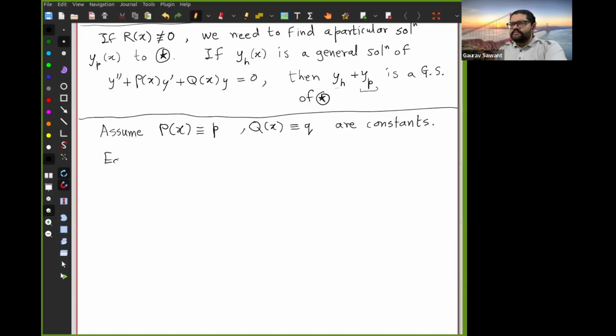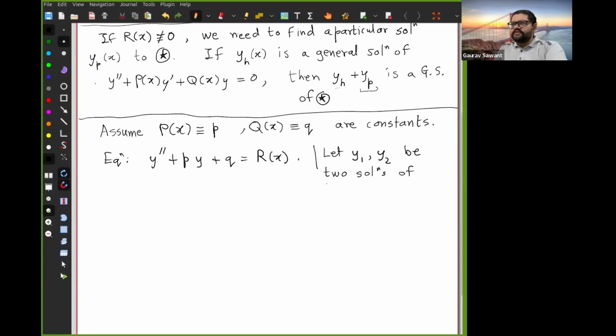So our equation is y double dash plus py dash plus qy equal to r(x). And let y1, y2 be two solutions of the associated homogeneous equation.